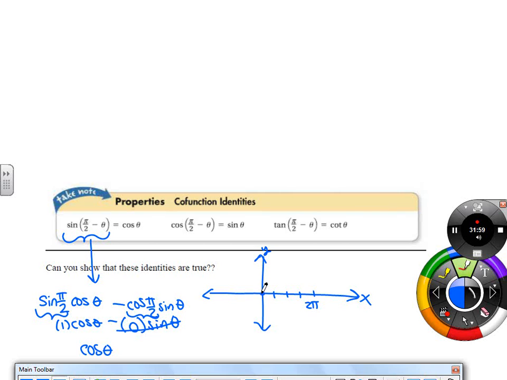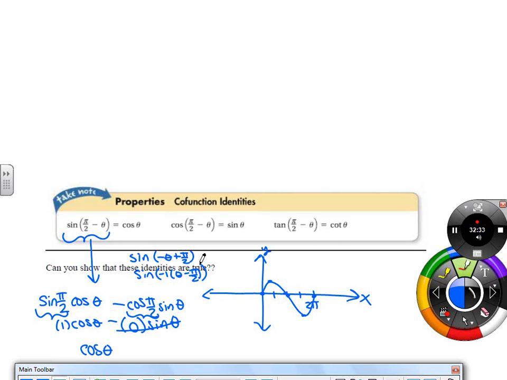All right. Remember our sine function graph went like this? The sine of pi over 2 minus theta, I might have to write this a little bit differently, but I'm going to write it the way that we saw it. So this is like a horizontal reflection and a shift to the right pi over 2.